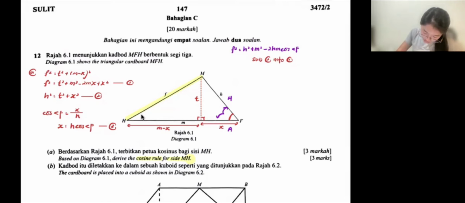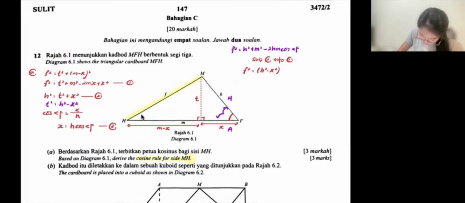H squared equals to T squared plus X squared. So what I don't want is T. So you will substitute T squared equals to H squared minus X squared in. Understand? So F squared equals to H squared minus X squared.